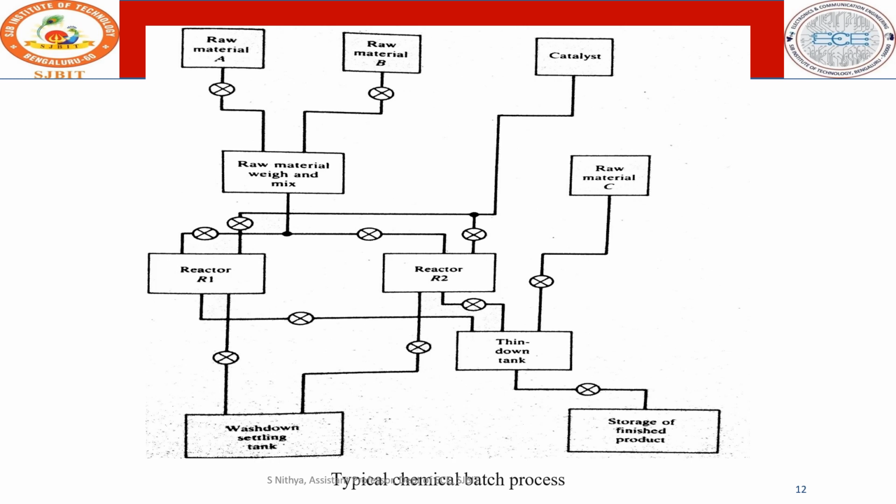So this is all about the typical chemical batch process under computer control. A group of batches is generated at the same time here. Instead of manual operation, when it is under computer control, everything is controlled by the computer.